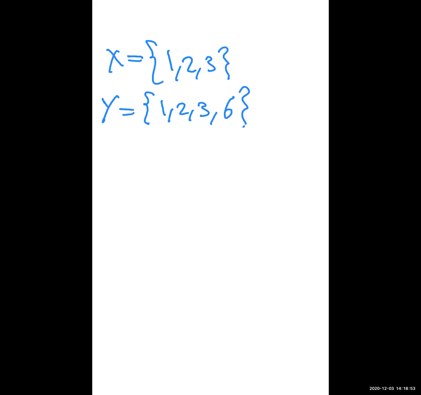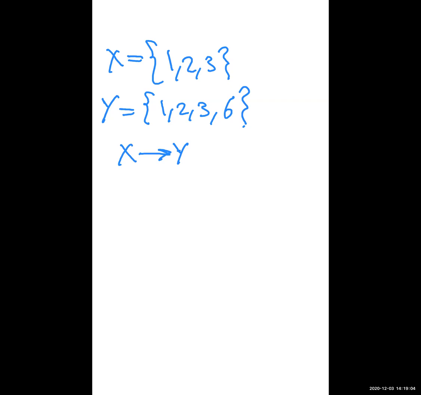If X equals the set of 1 and 2 and 3, and Y equals the set of 1 and 2 and 3 and 6, and R is a relation from X to Y.